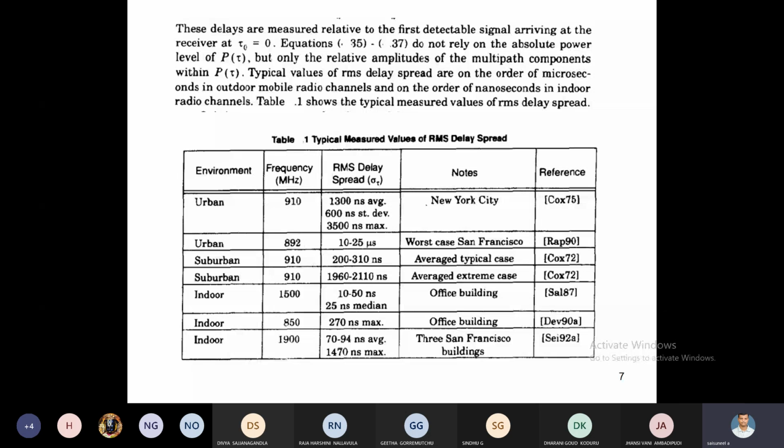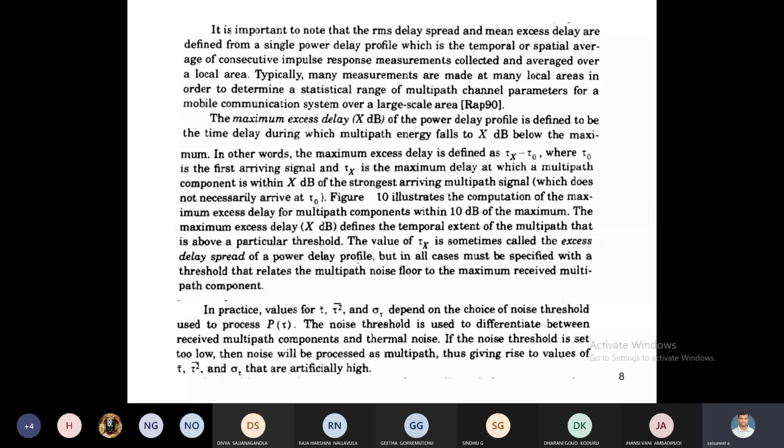Suppose we are checking N paths from transmitter to receiver. The first path is the good line of sight path, that is tau_0, and for tau_0 we are not getting any delay. But for the second path, third path, fourth path, like N paths, if we get the signal transmitted from transmitter to receiver either due to reflection, diffraction, or scattering, different environment conditions, we get delay.